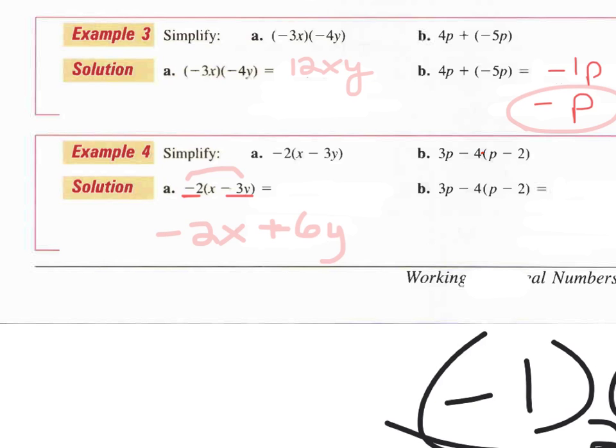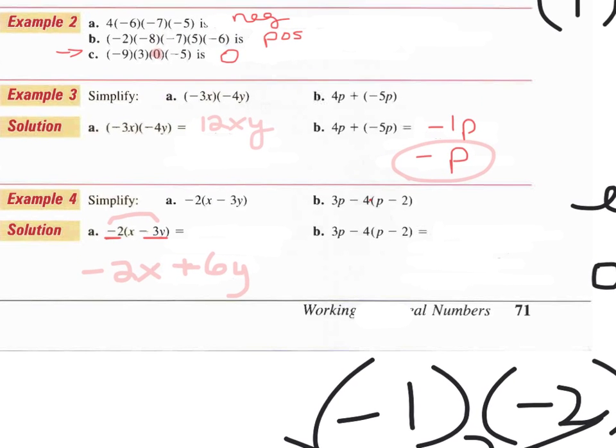All right, now on part B, again, be careful. We don't want to try to do anything with that 3p minus 4 first. We're going to distribute. And we're going to treat this as a negative 4 when we distribute it. So I'm going to rewrite the 3p. I'm going to distribute the negative 4 to the p, and then the negative 4 to the negative 2.